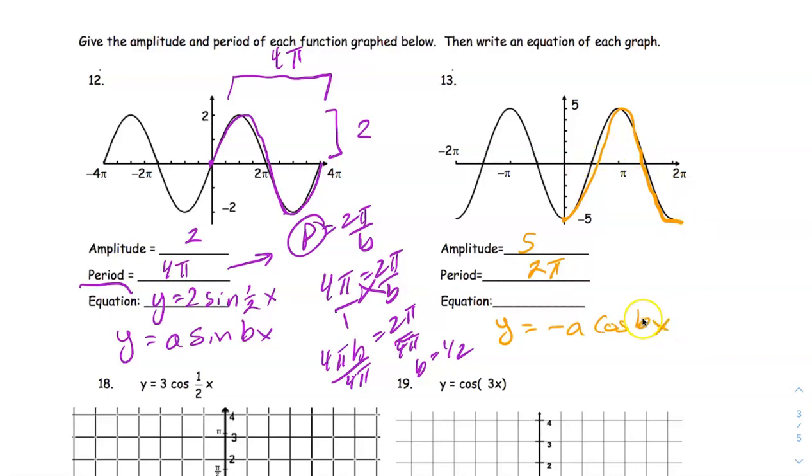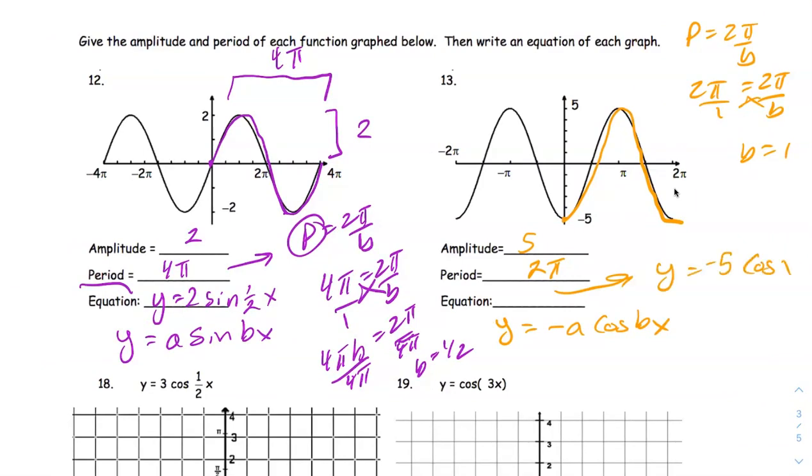And now all we've got to do is find our b, because we know what our a is, right? So to find b, period equals 2 pi over b. My period's 2 pi. That'll make my b 1. So I'm going to have the equation y equals negative 5 cosine of x.